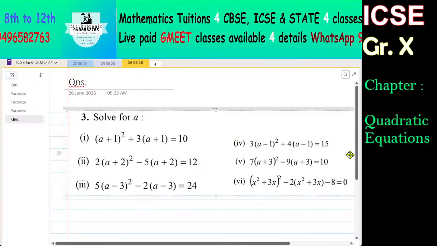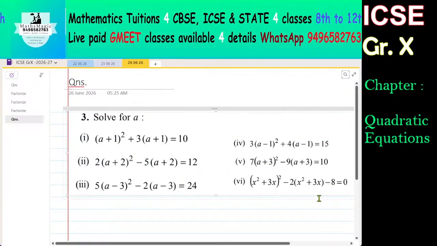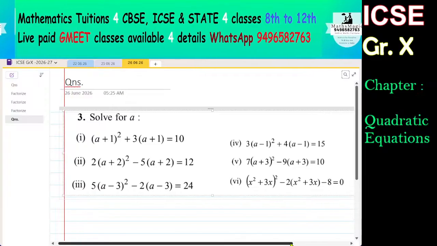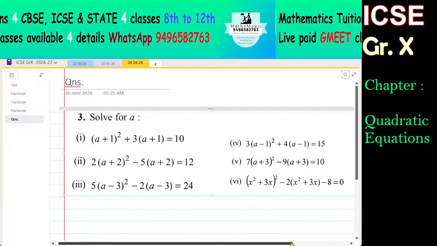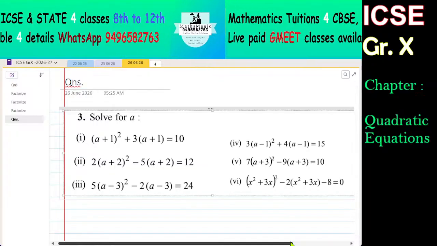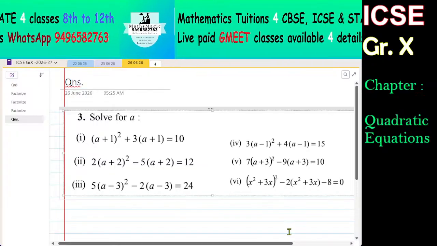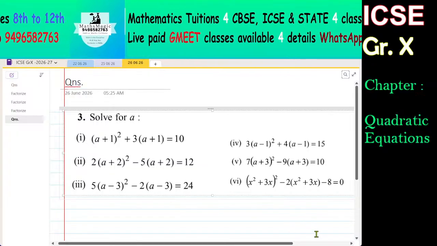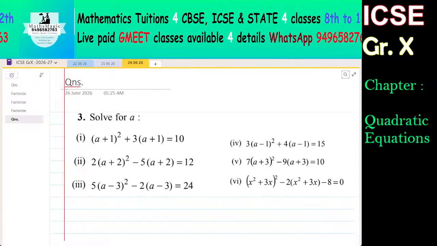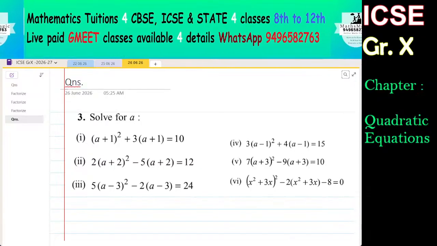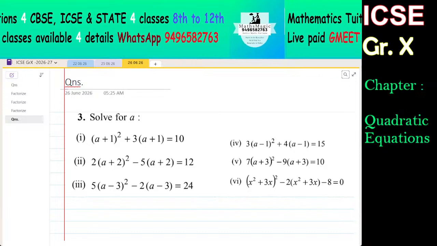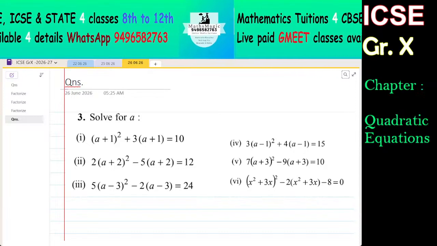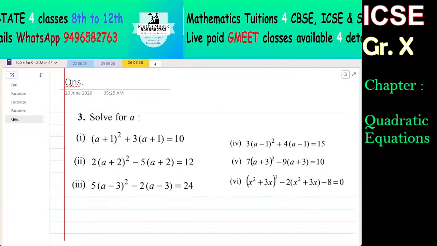So these are the questions. We have to solve for a plus 1 all squared plus 3 into a plus 1 equals 10. And you can just go through the questions. You need to copy those questions to your notebook. Then we'll discuss it. We'll try to solve it. Okay.